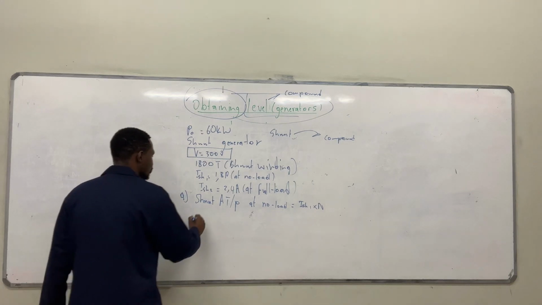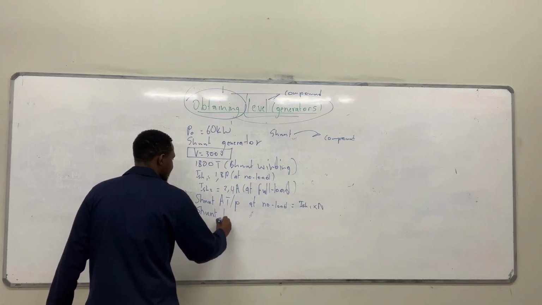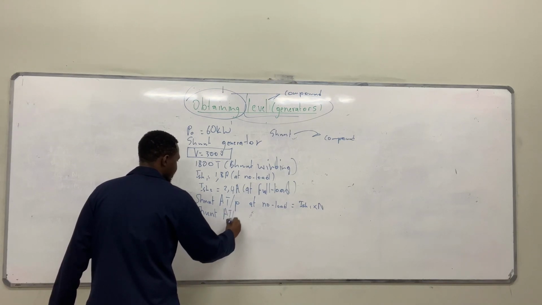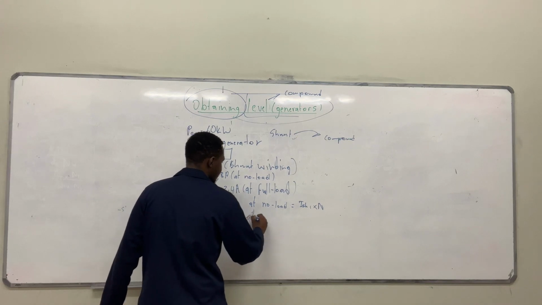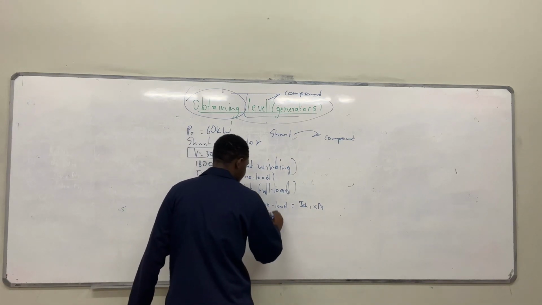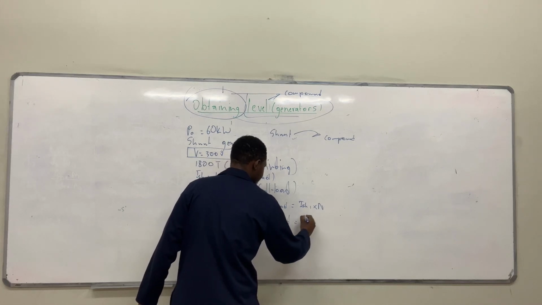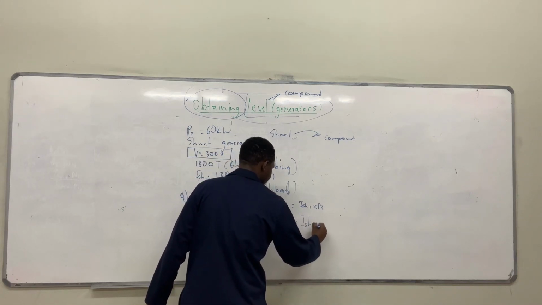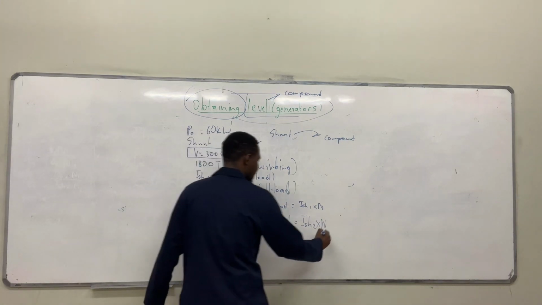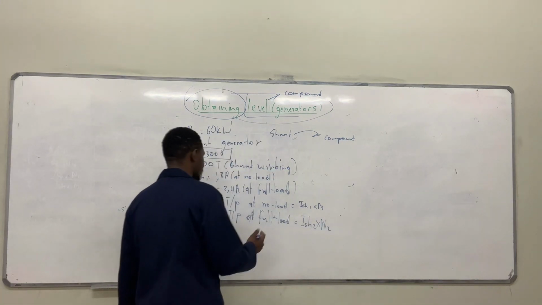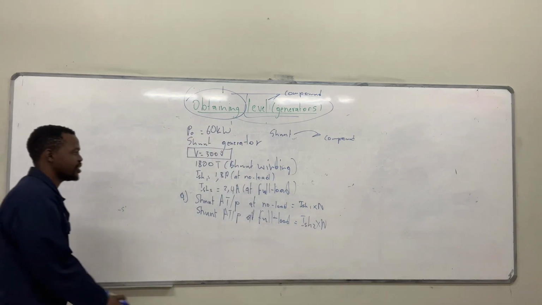Then the next thing you do, you calculate the shunt ampere turns per pole at full load, I2 times N1, guys, sorry.